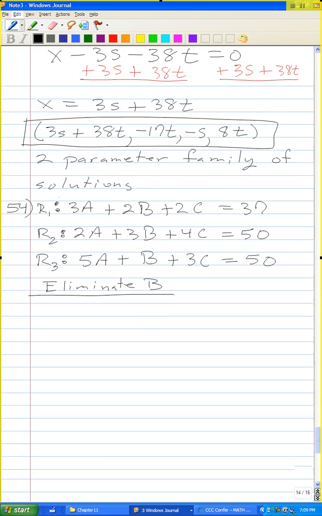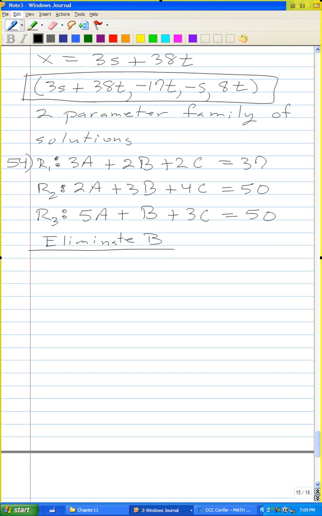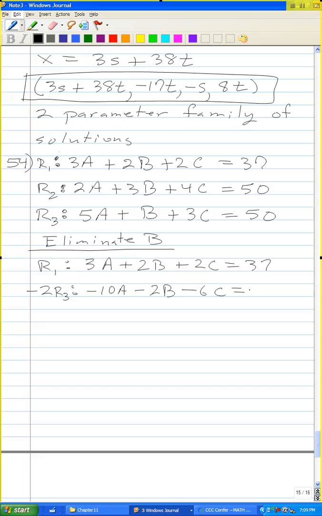Okay. And so let's take R1, 3A, 2B, 2C, minus 2R3, minus 10A, minus 2B, minus 6C, minus 100. Let's add these.